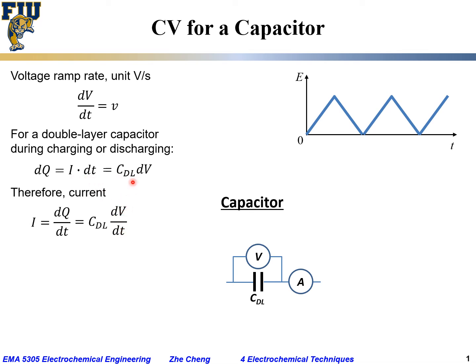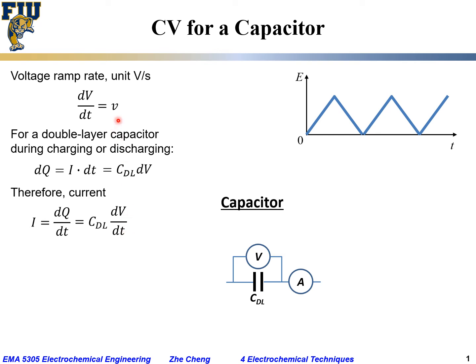Looking at the later part, I would just be C times dV over dt. dV over dt is essentially the ramp rate for the voltage. How fast does voltage change with respect to time?